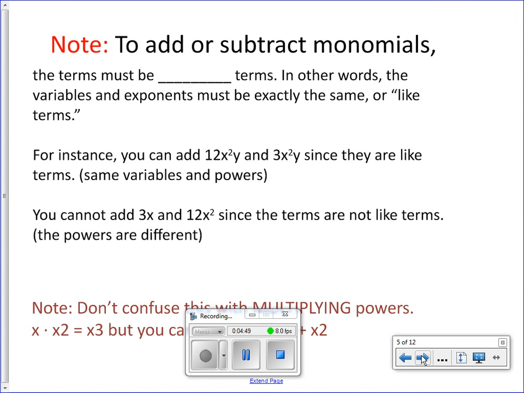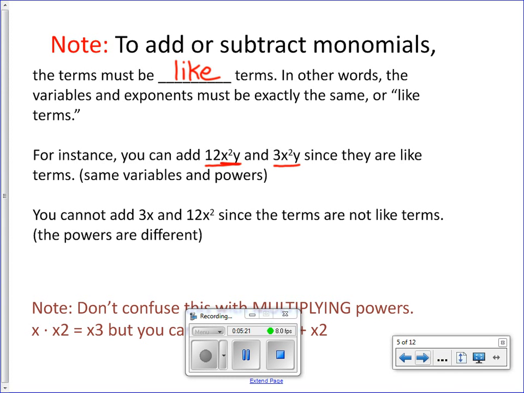All right. Now, to add or subtract monomials, the terms must be like terms. In other words, the variables and the exponents must be exactly the same. For instance, you can add 12x squared y and 3x squared y since they are like terms because they have the same variables and powers.